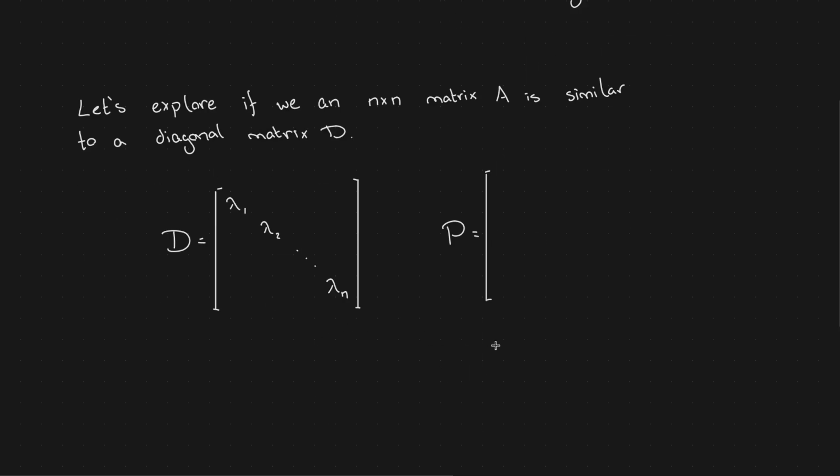We don't even know if this is possible at this point. We are just exploring this idea. It would be super nice if we can make a matrix A similar to a diagonal matrix D. So the columns of matrix P, let's call them x1, x2, all the way to xn.